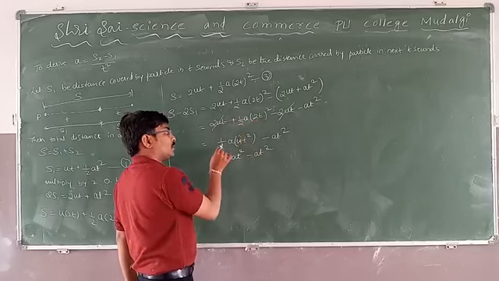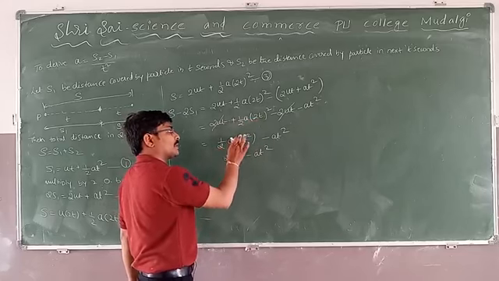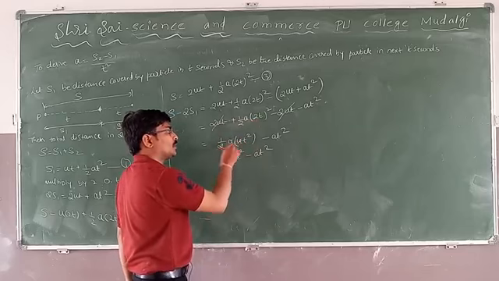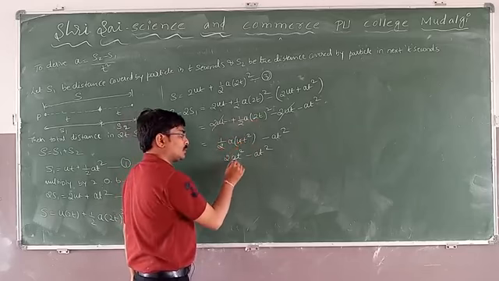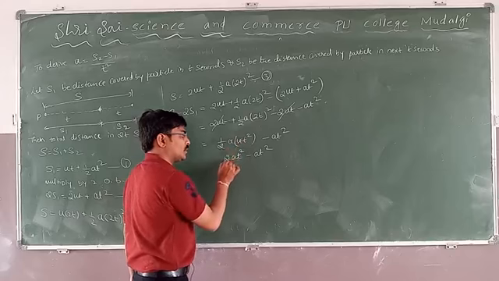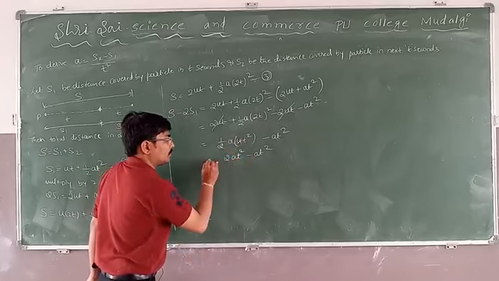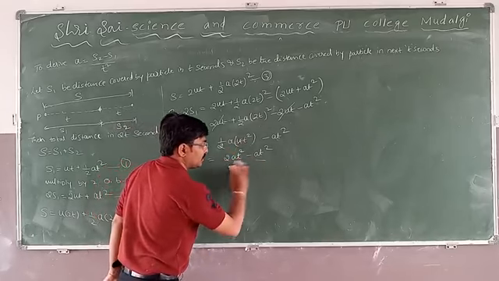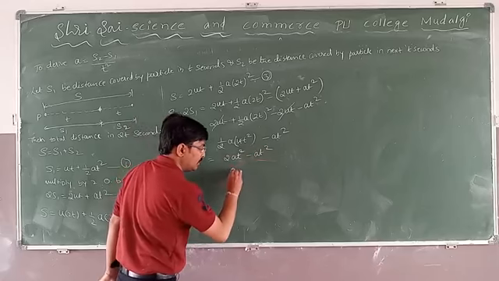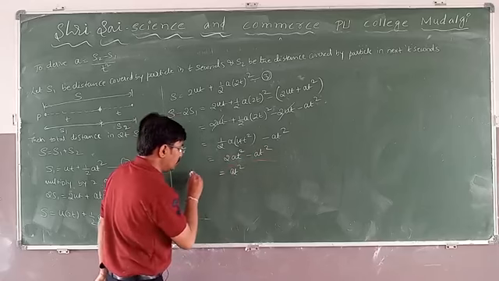Now 2 into 2 and 4 cancel, so we get 2a t square minus a t square, which is a t square.